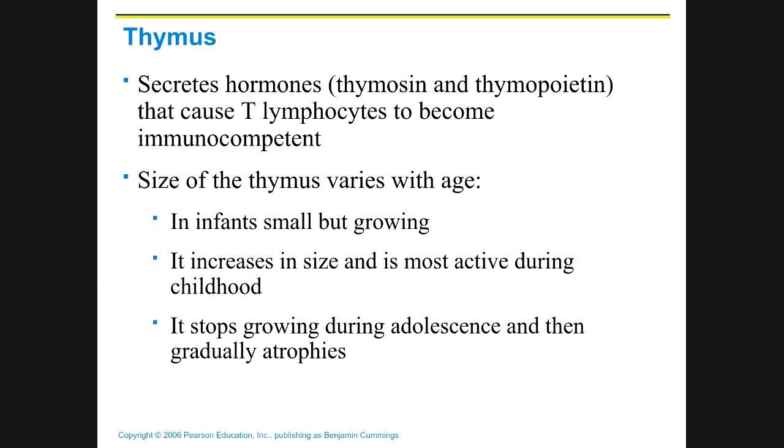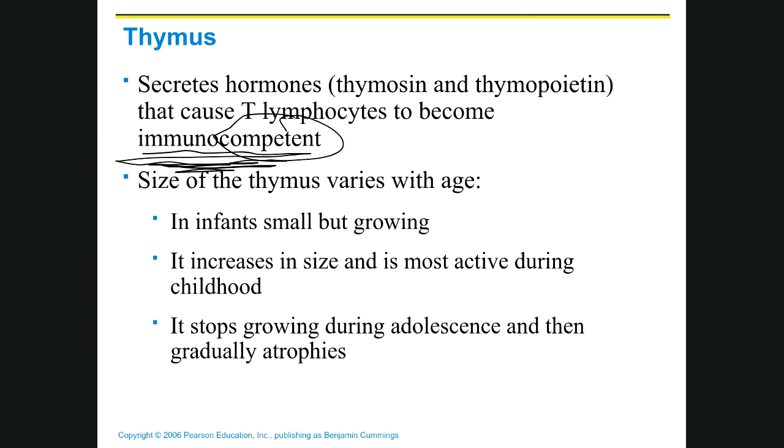There's a bunch of hormones that come from the thymus, and you probably never heard of any of them. The one good thing about them is every single one of them, the name starts with THY. So they're easy to recognize. But what those hormones do is they make the T cells mature and become competent.